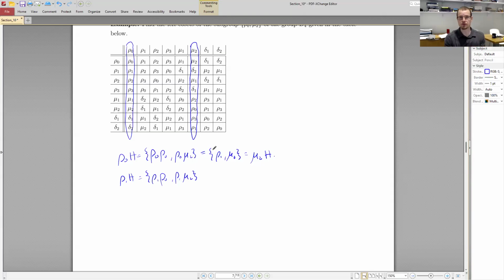So we're looking at a subgroup of the permutation group S4, one specific subgroup of that. Anyway, multiplying by rho 1 on the left gives us rho 1, delta 2. And that's the same as multiplying on the left by delta 2, which gives us delta 2, rho 1.